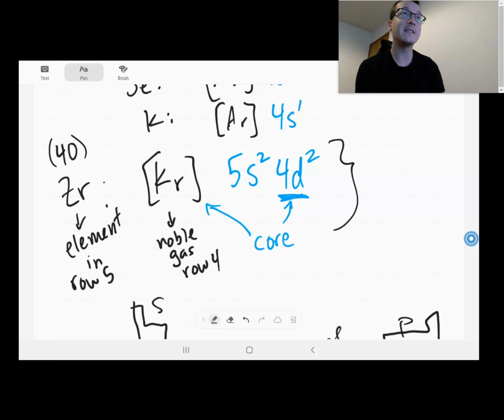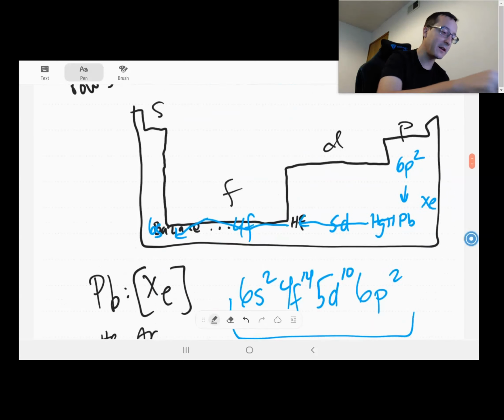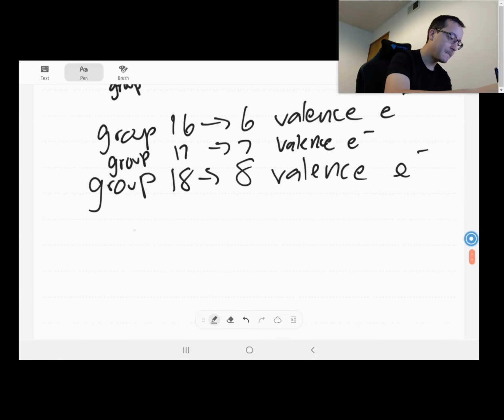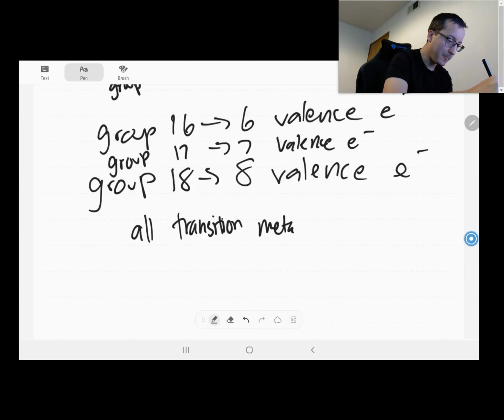So all valence electrons will be the s2 electrons, and that's it. All transition metals will have 2 valence electrons.